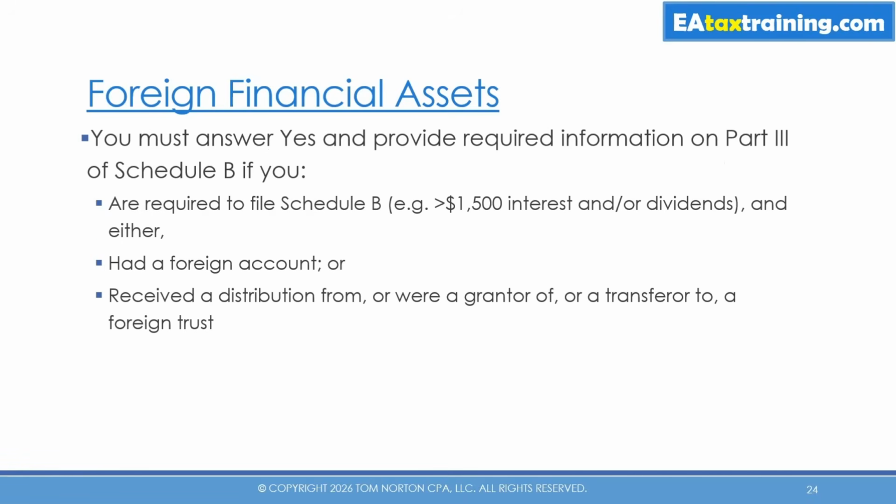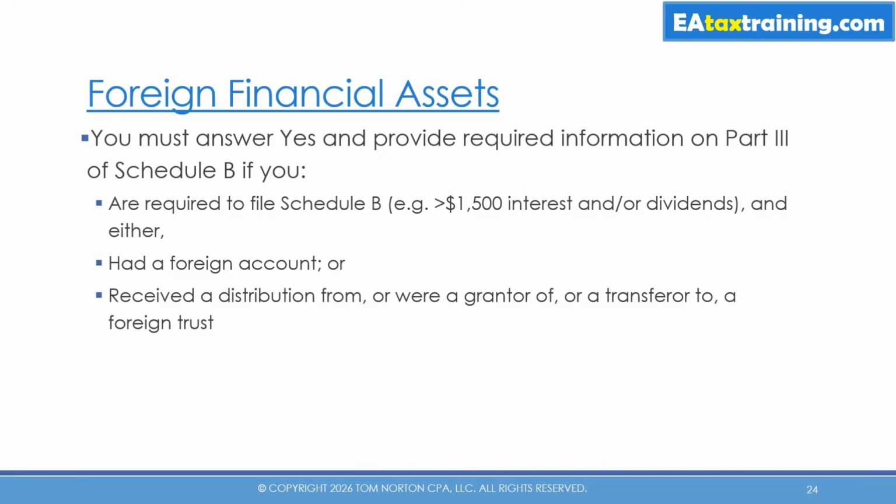For Schedule B, you must answer yes and provide the required information on Part 3 of Schedule B if you are required to file Schedule B. So remember, the general requirement is if you've got greater than $1,500 of interest or dividends, you have to file Schedule B. There are also other times you have to file Schedule B even if you don't have more than $1,500, but that's the general rule.